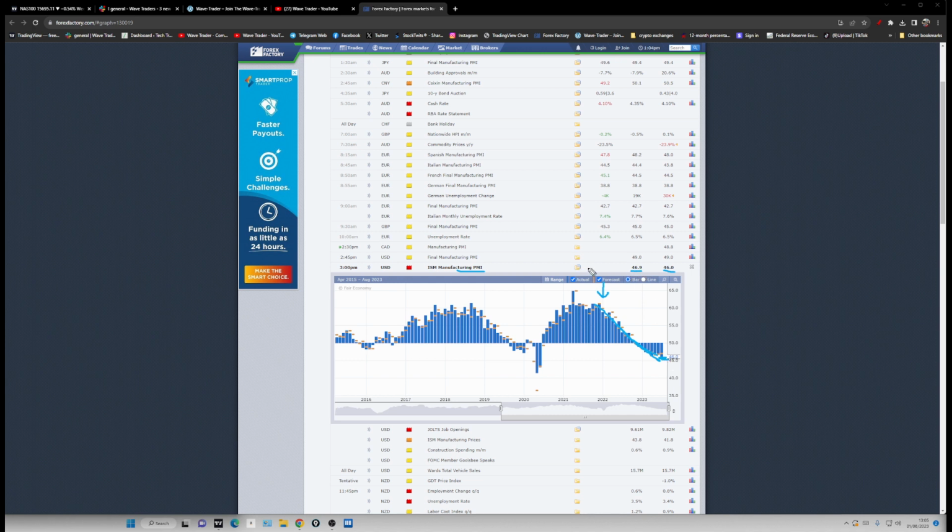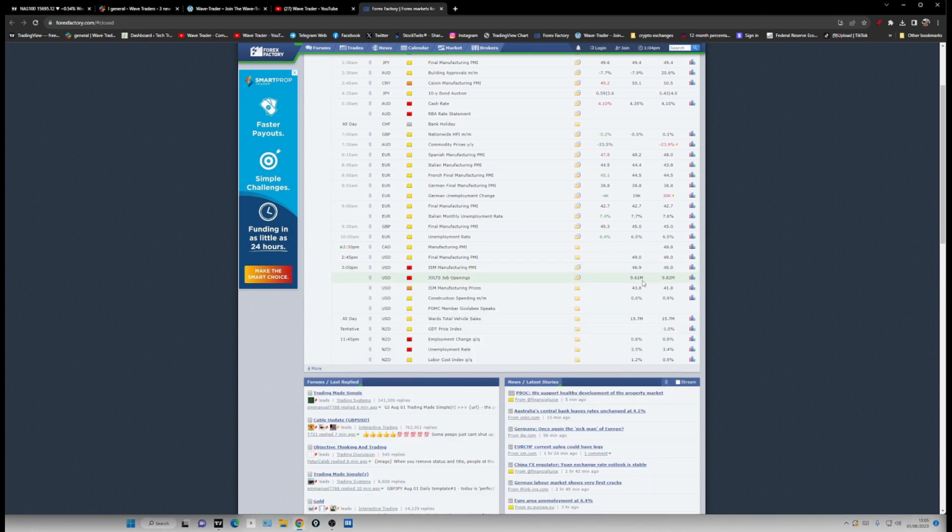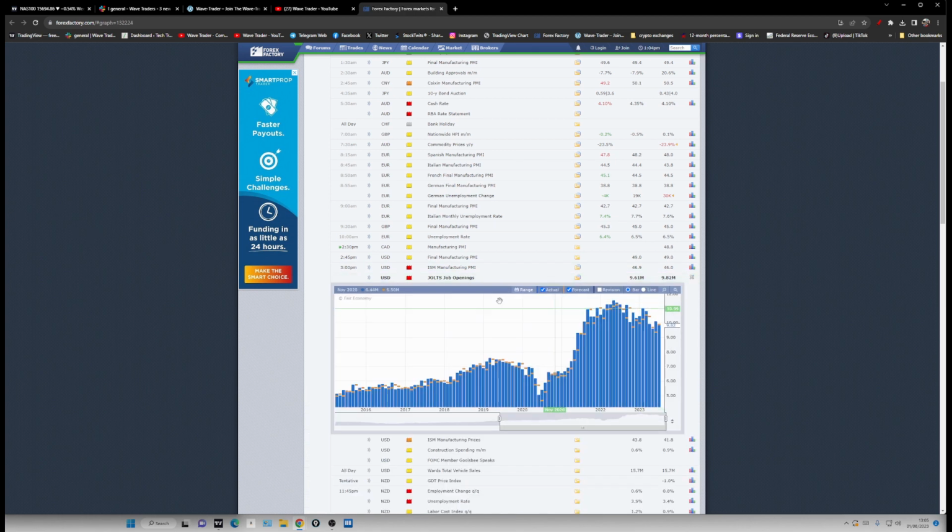If we see bad numbers here, we may see some sell off on US assets. Or the job openings: basically this is what the Fed is looking for right now, job openings to slow down. If we see significant weakness over there, it is still going to be a good sign.